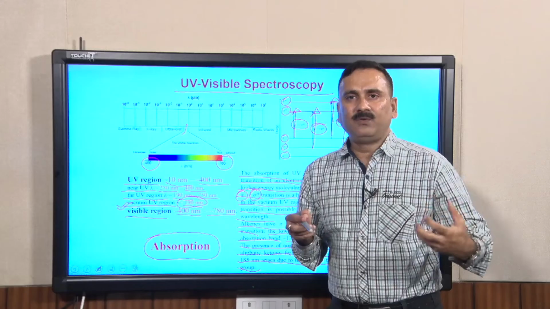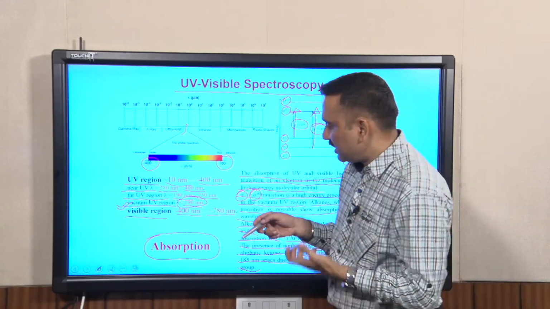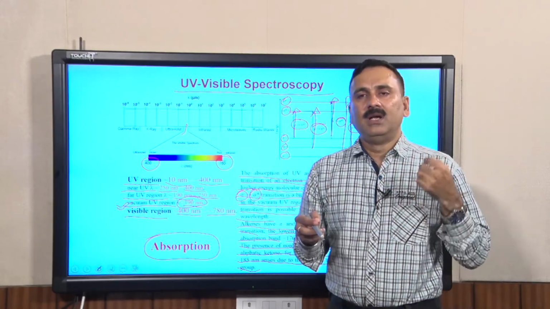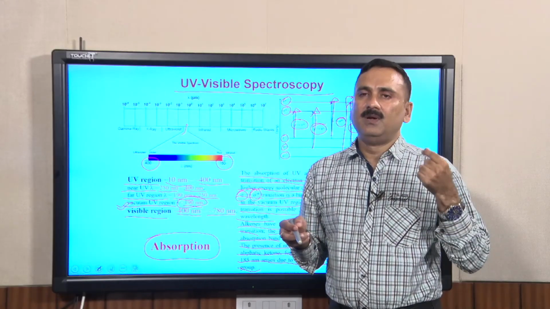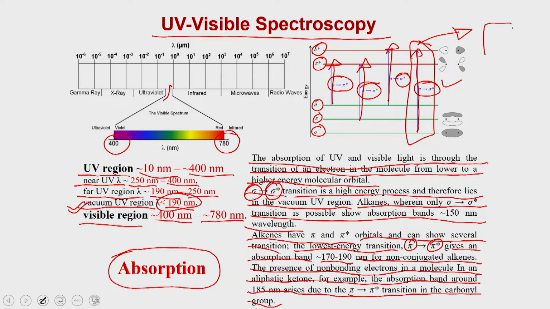So, if you have to make a device which can map the absorption phenomenon, you need a couple of components. If I have to prepare an instrument which could tell me whether the molecule is absorbing or not, I need a light source, and I need a sample holder.